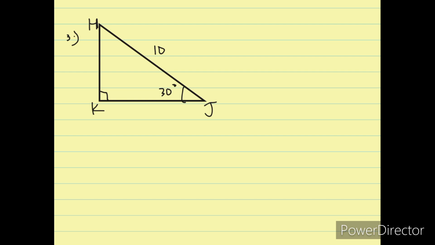Another special right angle triangle, we have the KHJ. So the measure of your angle J is 30 degree and the length of your side JH is 10. So we are going to find the missing side, or the missing length of the side KJ.